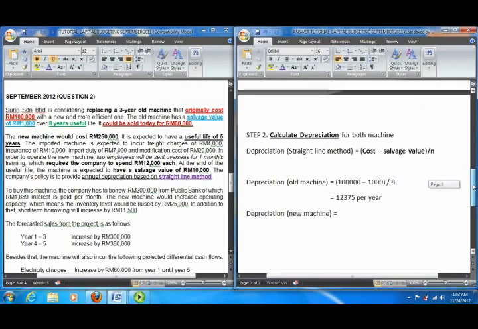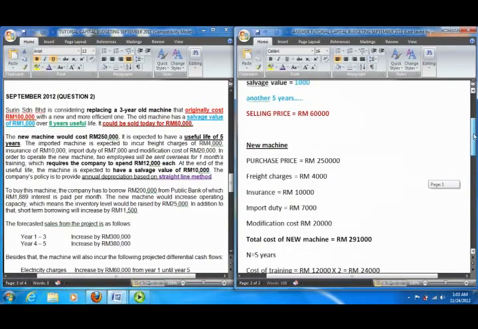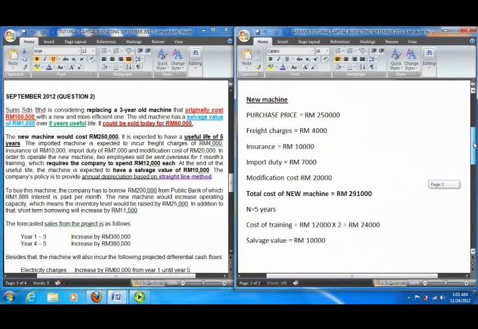So using the same method, go to the information in step 1. What is the total cost of your new machine? It is 291,000, your salvage value is 10,000 and your n is 5 years.